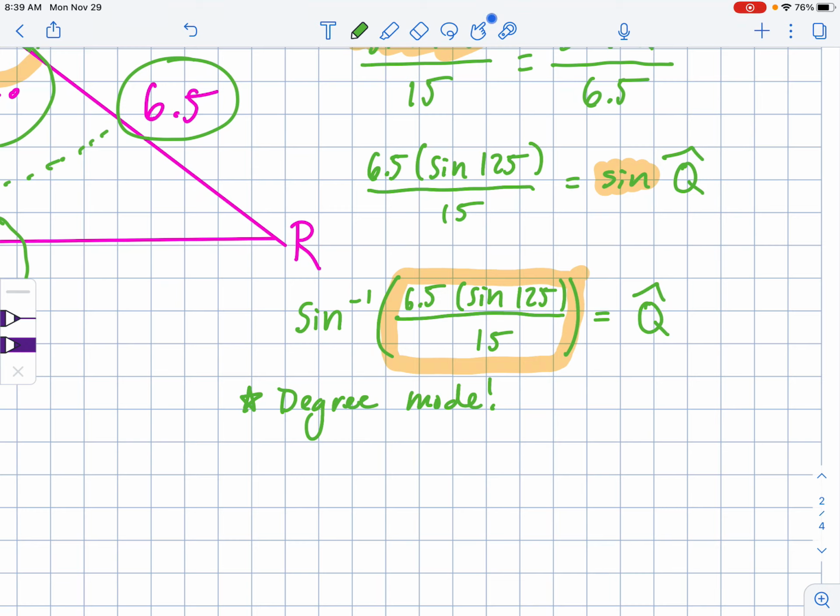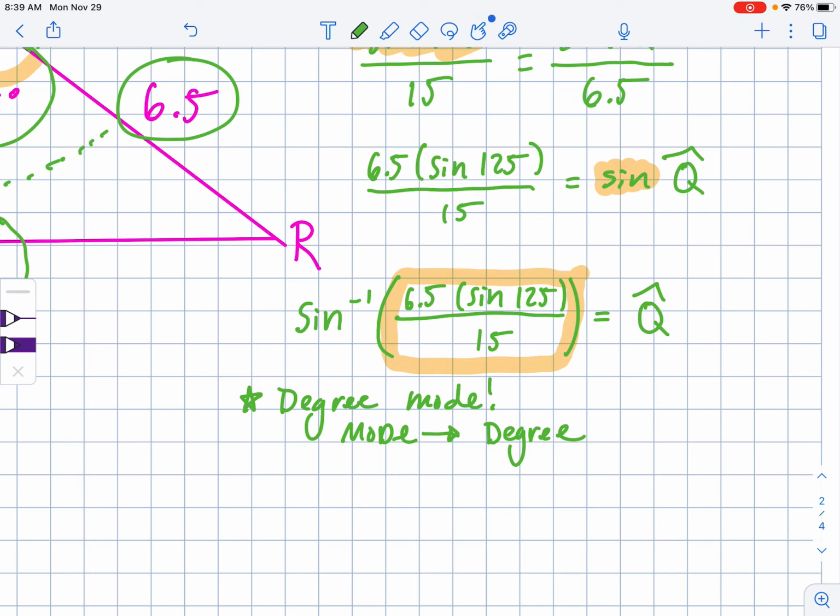All the angles were given to us in degrees, so you're going to hit mode, which is up there at the top. So hit mode, and make sure that radian is not highlighted and degree is. If not, you need to highlight degree and hit enter to make sure it's highlighted.